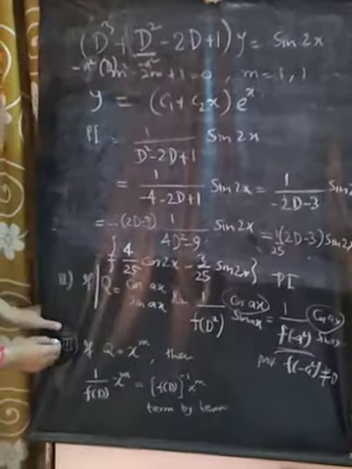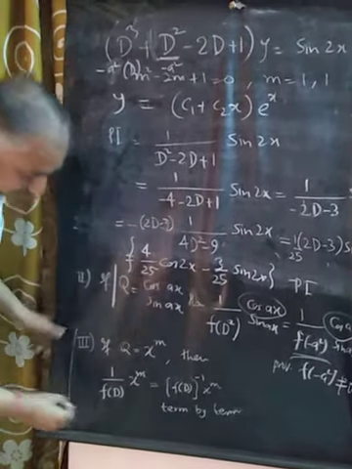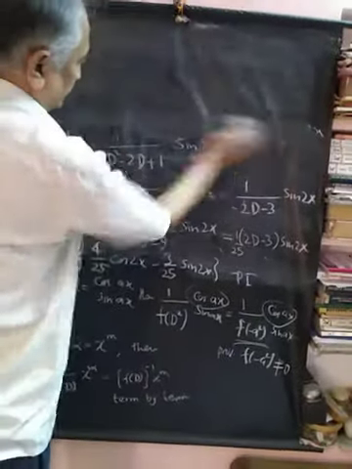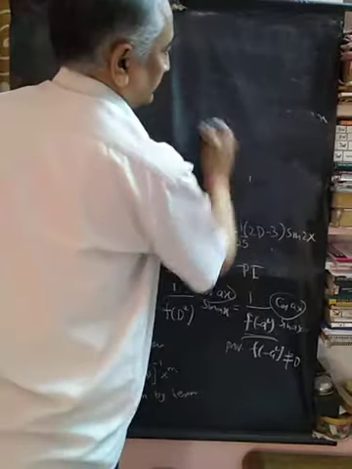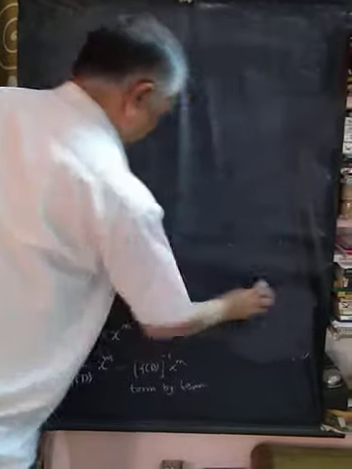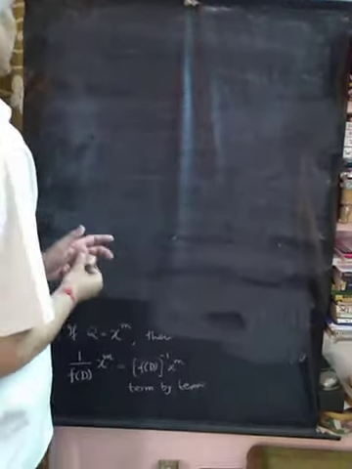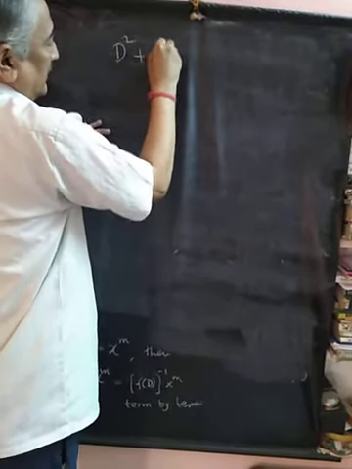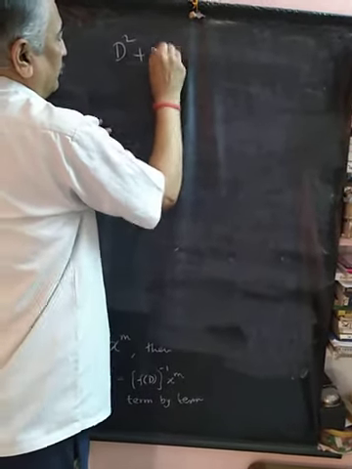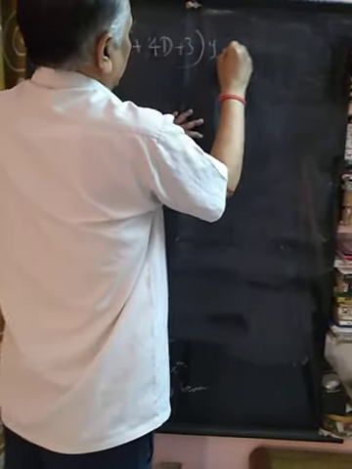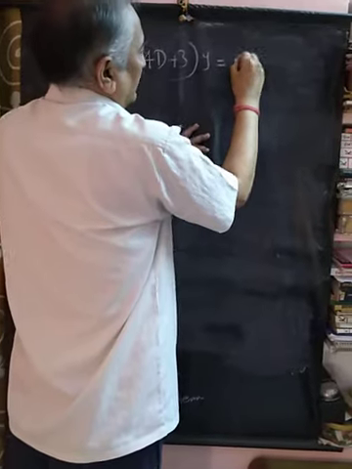Now I come to the third case. Suppose we have something like this, D squared plus 4D plus 3, y equal to, say, x squared.